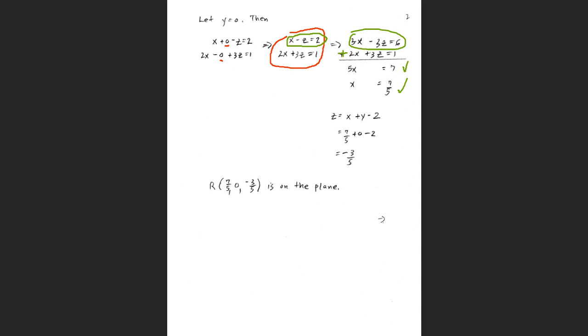And now I substitute in x equals 7/5, y equals 0. I get z equals -3/5. And so now I have another point on the line. And since that point R is on the line of intersection, it's also, in this case, on the plane as well.